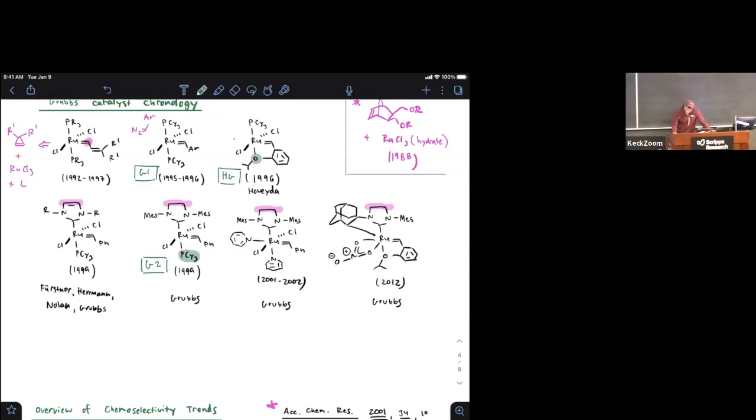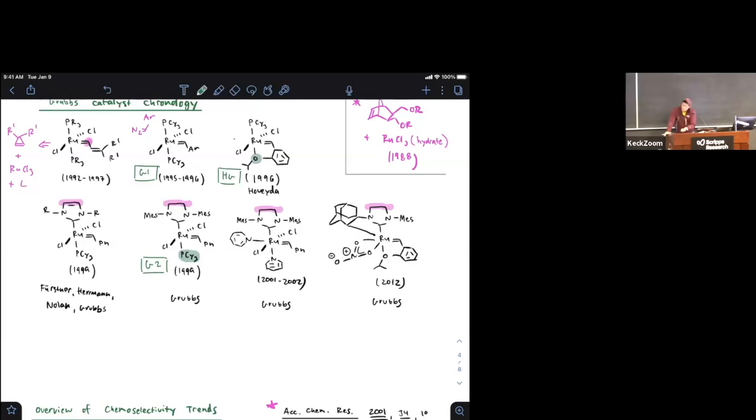And what does the carbene do compared to the phosphine? Well, as we'll see in the mechanism, the first step of catalyst initiation from these pre-catalysts is loss of, in this case, the tricyclohexylphosphine ligand to get to a 14-electron complex. At that point, the catalyst has two choices. It can either find the phosphine back or find an olefin.